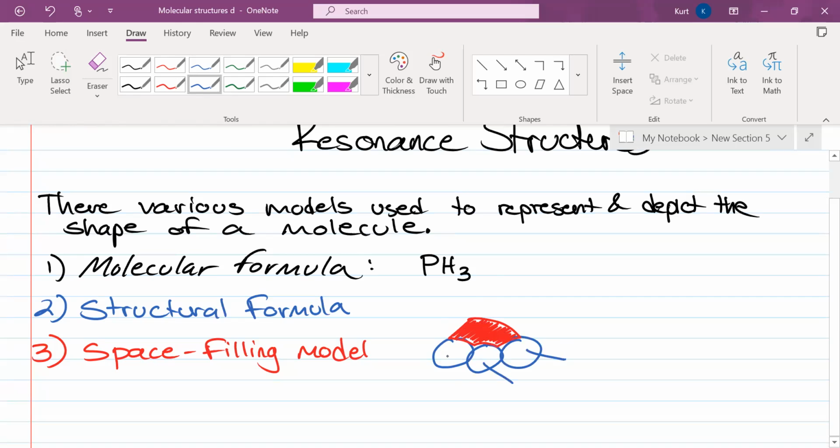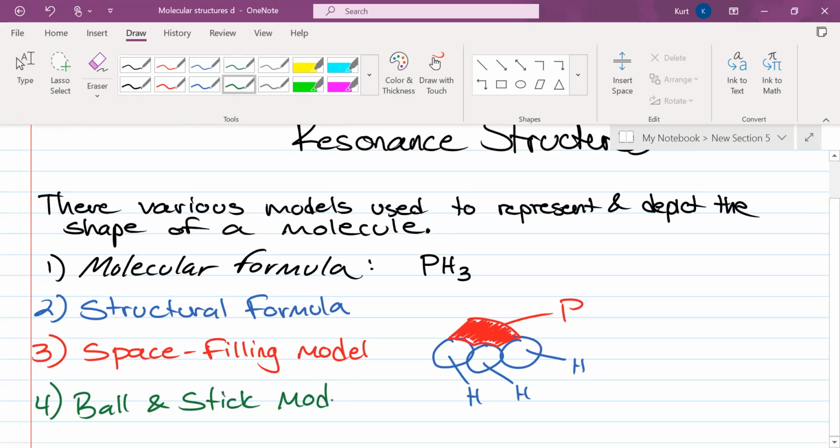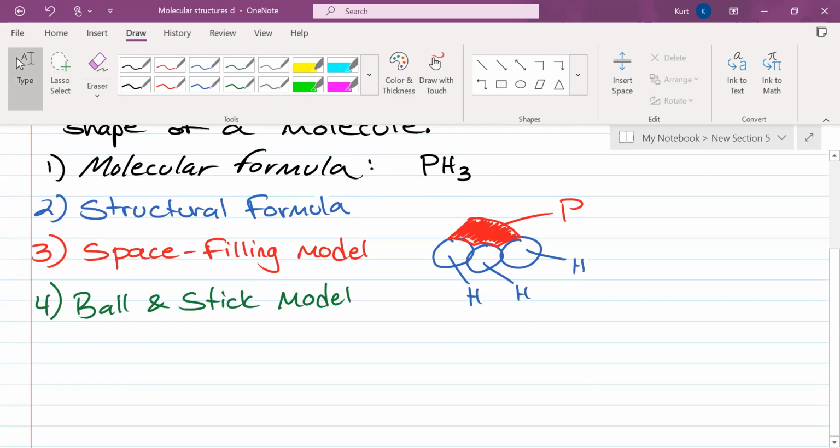Each of these blue ones is hydrogen, hydrogen, hydrogen, and the red one is phosphorus. It's supposed to be three-dimensional. It's a little hard to see it from this perspective. Number four is the ball and stick model. It's kind of what you guys did on the Friday before break. So for phosphorus trihydride, you would have the phosphorus here, hydrogen, hydrogen, and hydrogen.